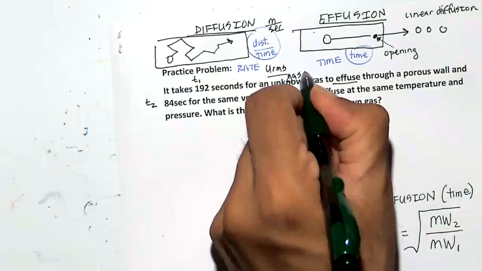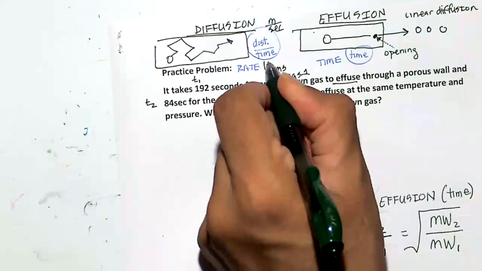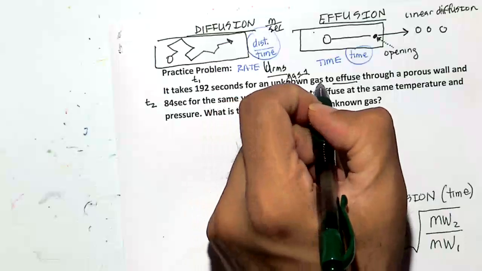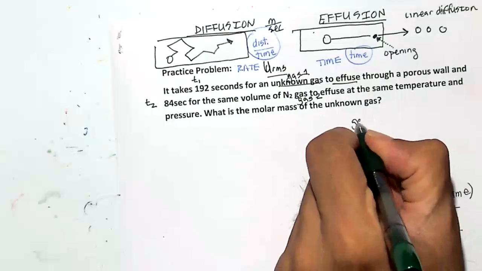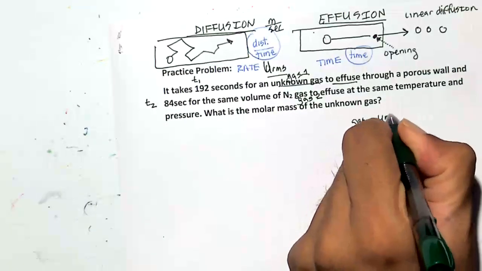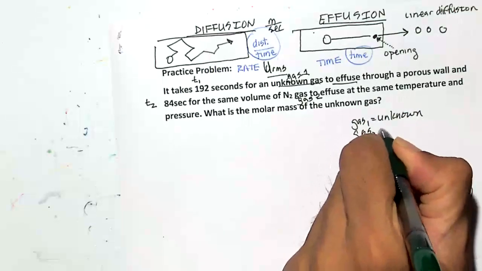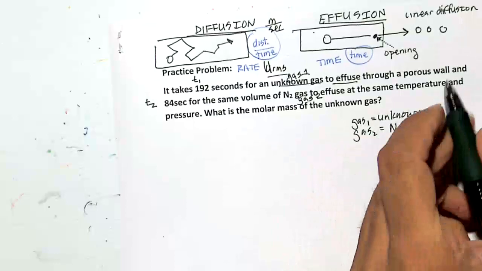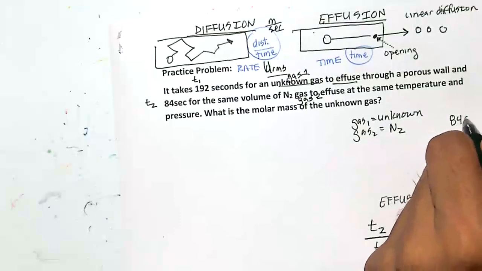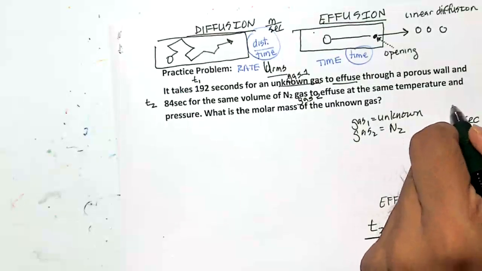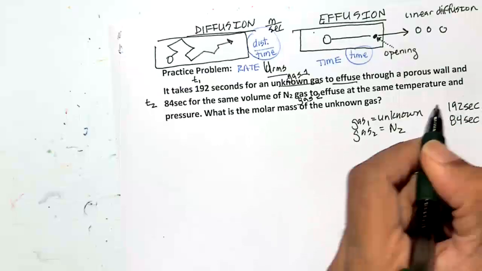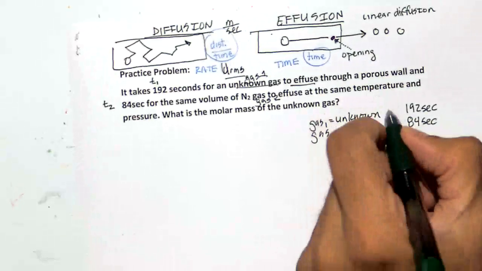I'm going to call the unknown gas gas 1. Is that all right? Okay, gas 1 is unknown. Gas 2 is nitrogen gas. The effusion time for that is 84 seconds. The effusion time for the unknown is 192 seconds.